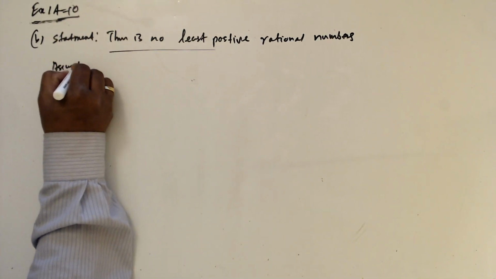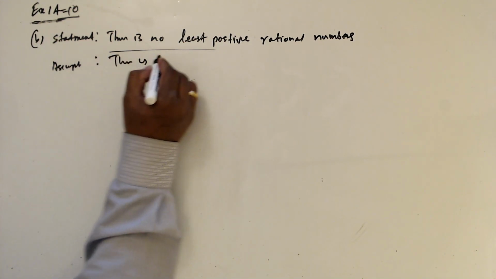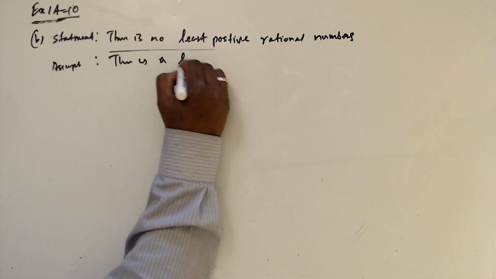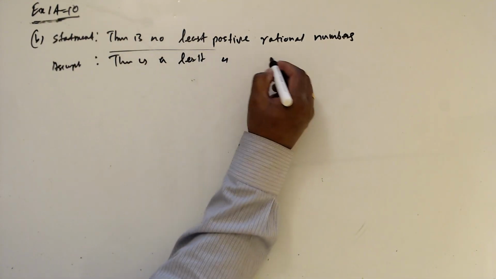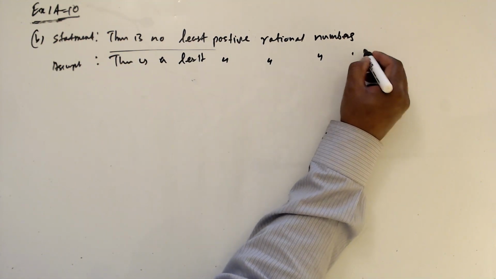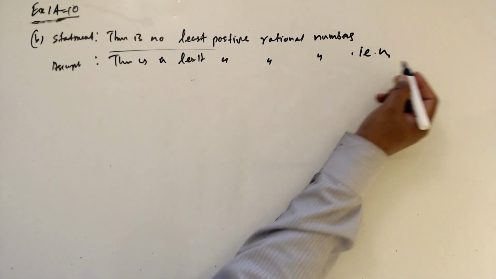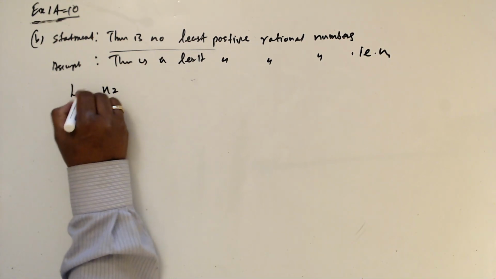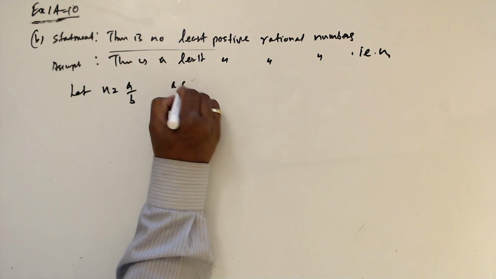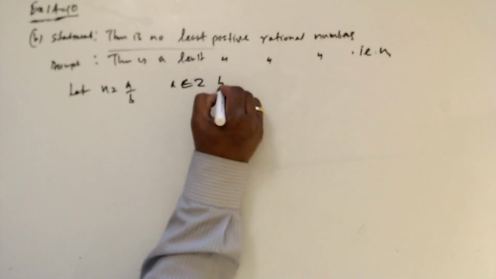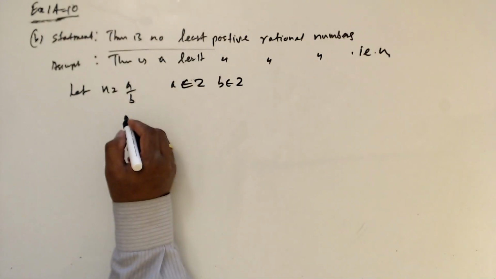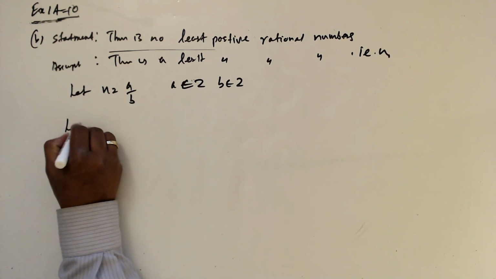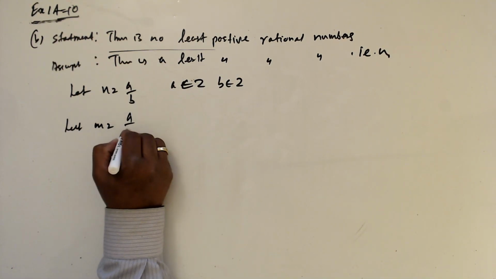So the assumption is there is a least positive rational number, that is n, and then we'll take n equal a over b, a element of Z and b element of Z, and so let's consider m equal to a over 2b.